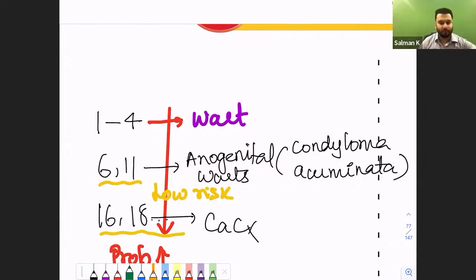Next, 6 and 11 are going to cause the anogenital warts, condyloma acuminata, and then 16, 18 onwards are associated with cancer of cervix. Okay, so that's what you need to know.